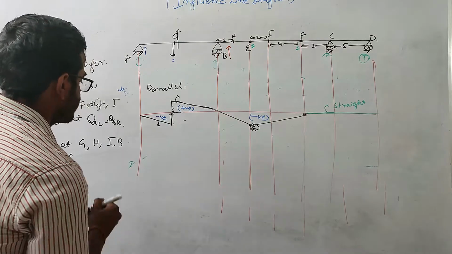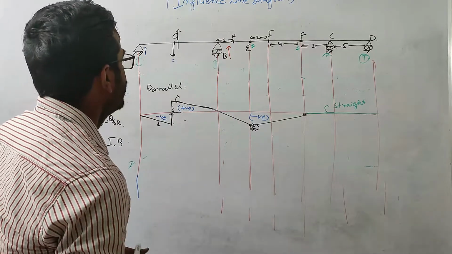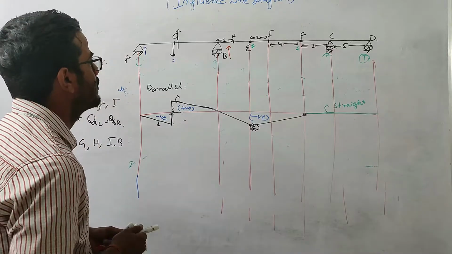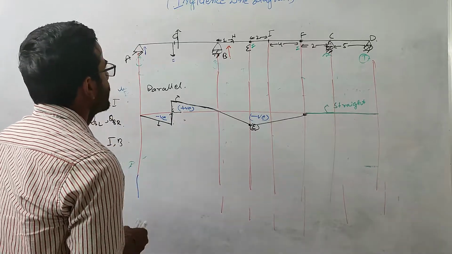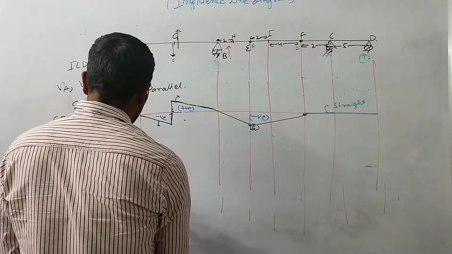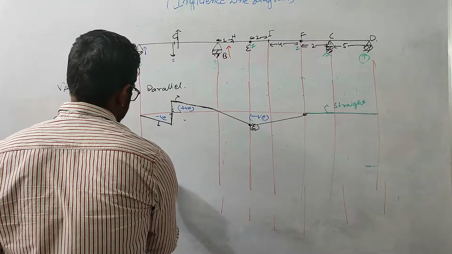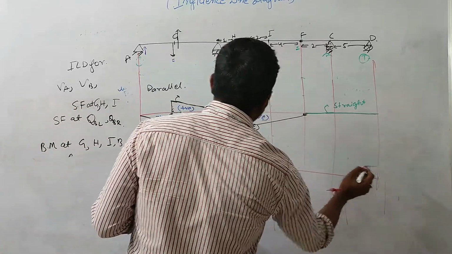Now at point H we need to deflect. We need to provide some roller support over there. So this is the reference line.